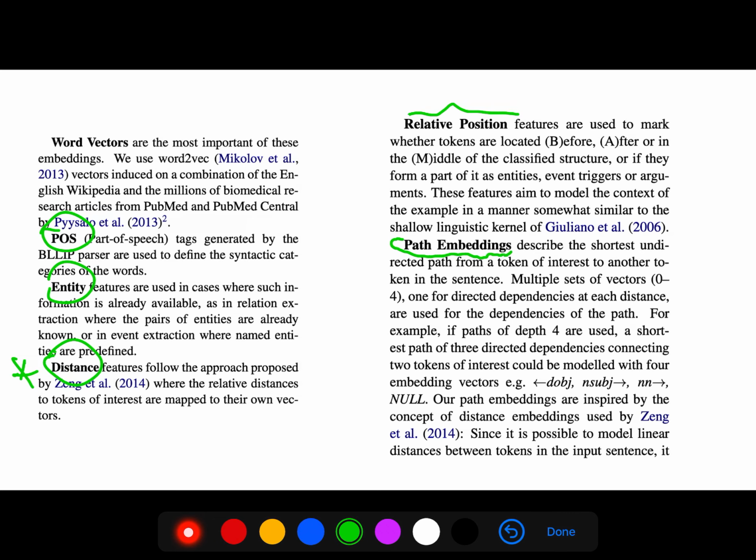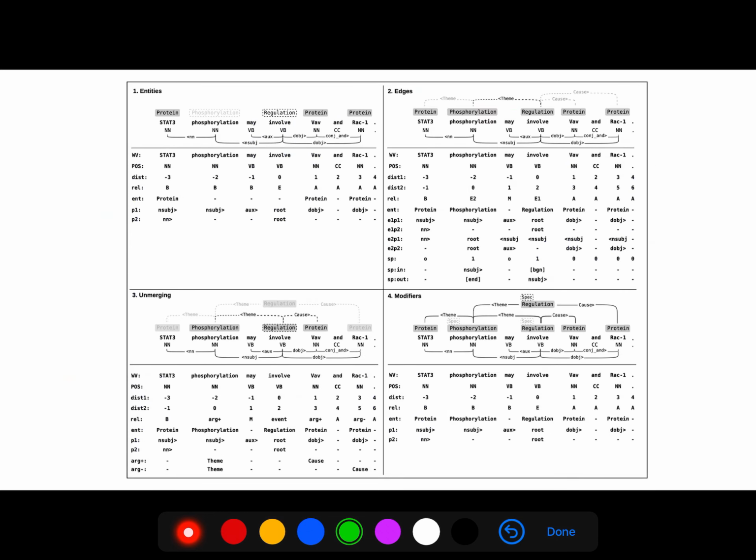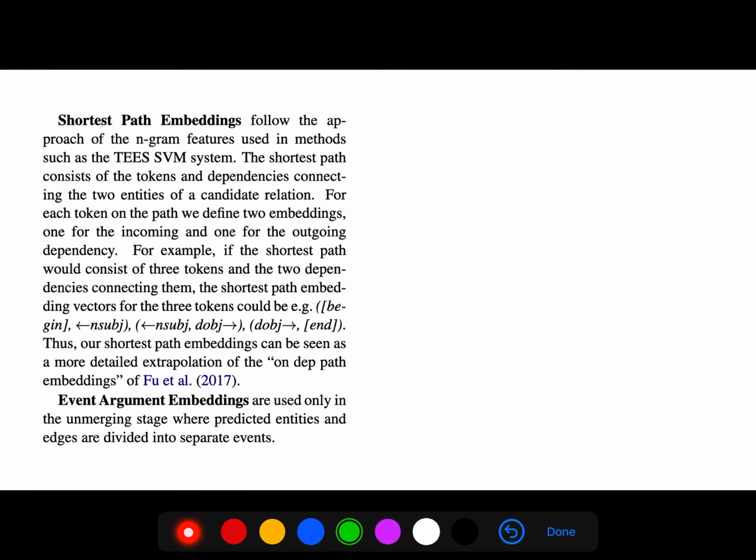The next one is path embeddings, which describe the shortest undirected path from a token of interest to another token in the sentence. So we have entities, and then we get edges, then we get unmerging, then modifiers in the dependency parsers.